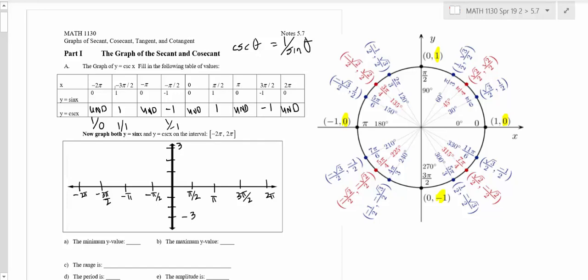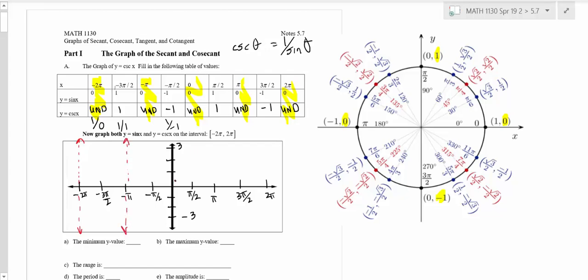All right, now on this we're going to do two things. Actually, everywhere that you see where you are undefined, you want to put a vertical asymptote there, okay? So at -2 pi, you would just sketch in a vertical asymptote. At -pi, you have a vertical asymptote.